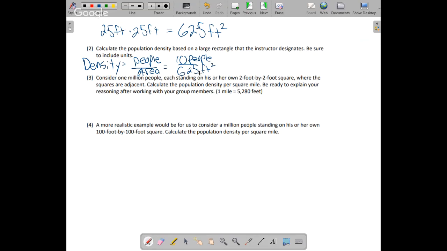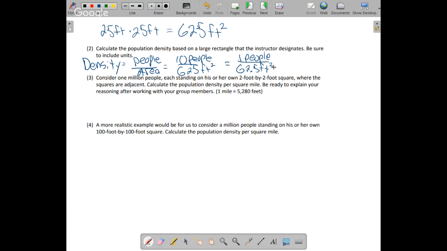We could reduce this a bit. If we divided top and bottom by 10, for example, we would get 1 person per, dividing this by 10 just shifts the decimal, 62.5 feet squared.